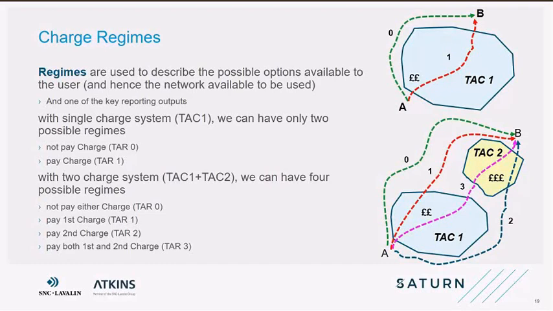If you have a single charge system, that is, you've got only TAC 1, then there are only two possible regimes: you pay the toll or you don't pay the toll. We call it area regime 0 or area regime 1. Similarly, when you have two charge systems, TAC 1 and TAC 2, then you will have four options. Either you don't pay both, or you pay 1 and don't pay 2, you pay 2 and don't pay 1, or you pay both. So accordingly you have area regime 0 to 3.